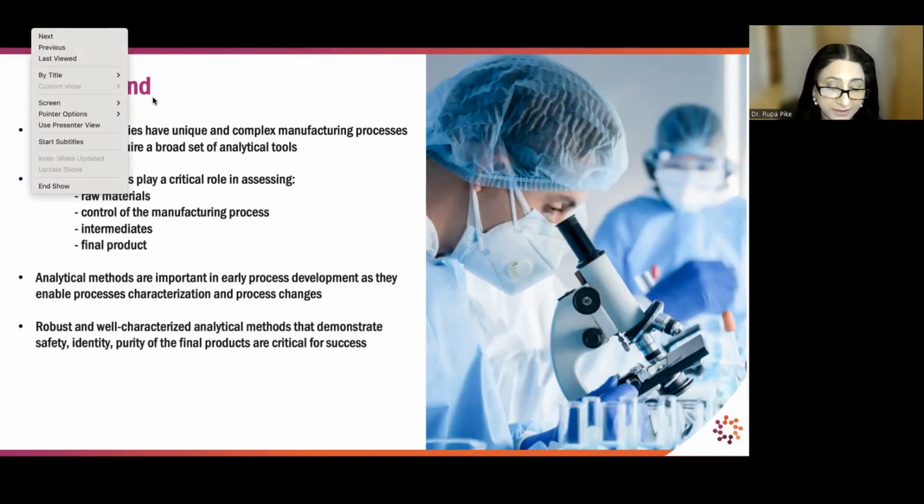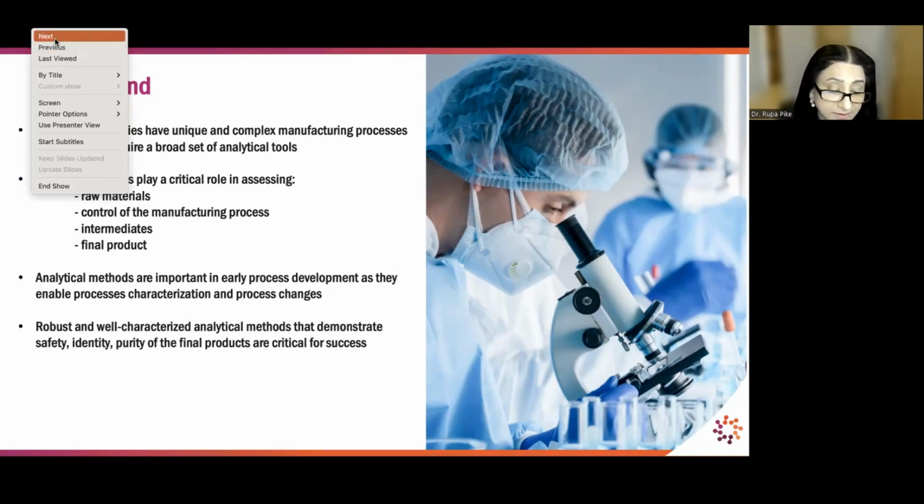Analytical methods are integral to the success of the final product, since they play a critical role in assessing raw materials, as you see on the slide, the manufacturing process itself, intermediates that are generated during the manufacturing process, and of course, the final product.